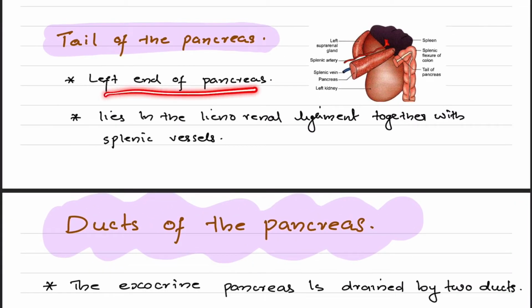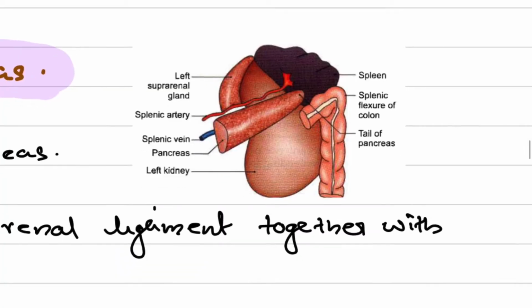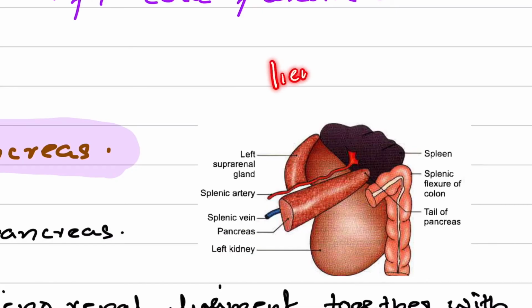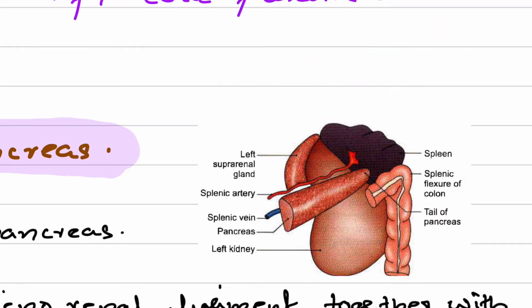Next we will discuss the tail of the pancreas. It is the left end of the pancreas, and lies in the lieno-renal ligament together with splenic vessels. What is the lieno-renal ligament? Lieno means spleen, renal means kidney. So what is a ligament? A ligament is peritoneum that is attached between two organs.